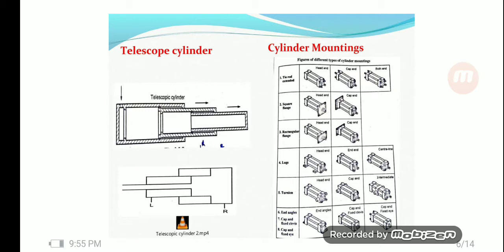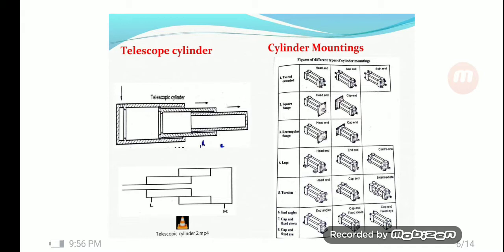In this, one cylinder contains a number of smaller cylinders inside it. When the first part of the cylinder is released, after that the second part is released, and after that the third part is released.